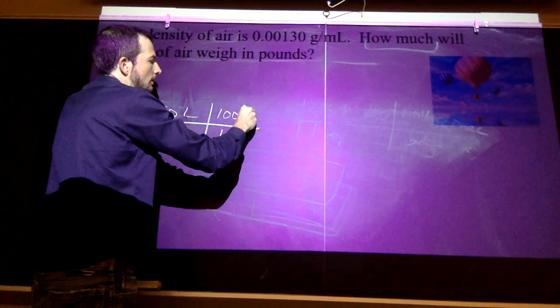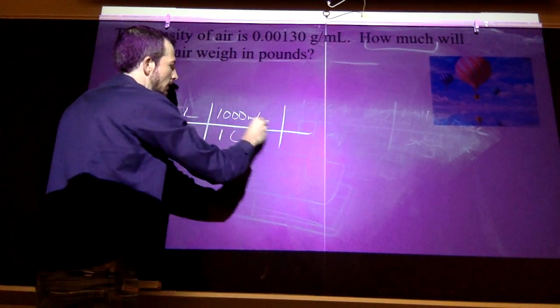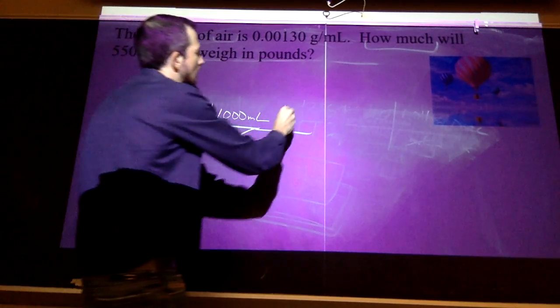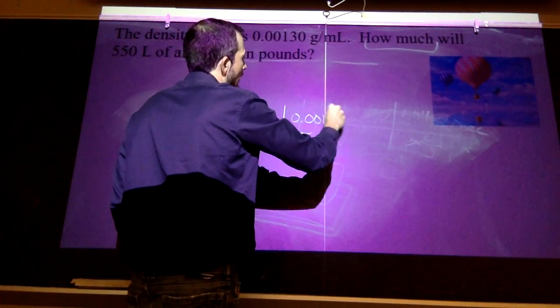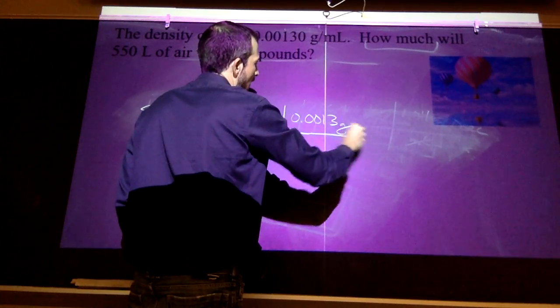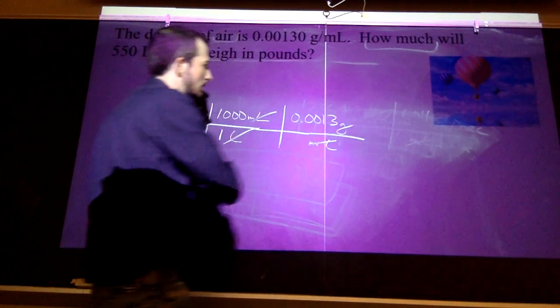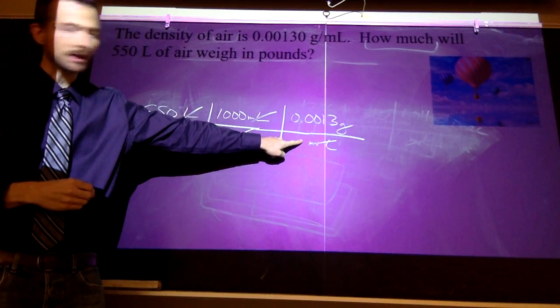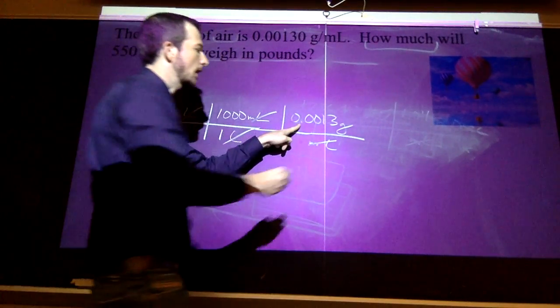So 1 liter is 1,000 milliliters. And then 0.0013 grams per milliliter. So again, my density goes on top here because I want milliliters to cancel out. So that gives me grams.